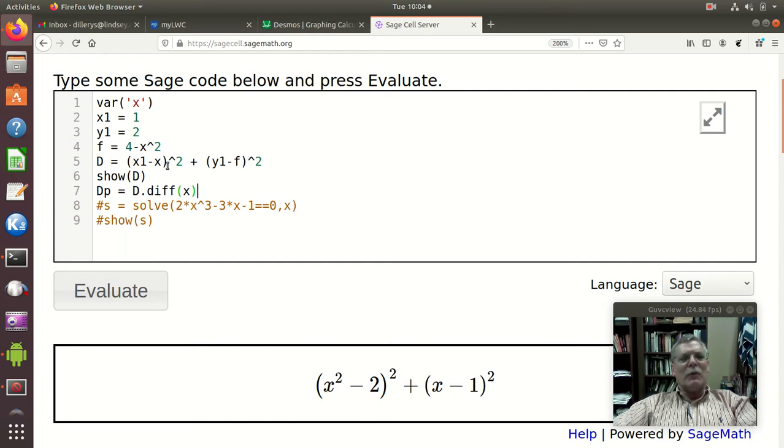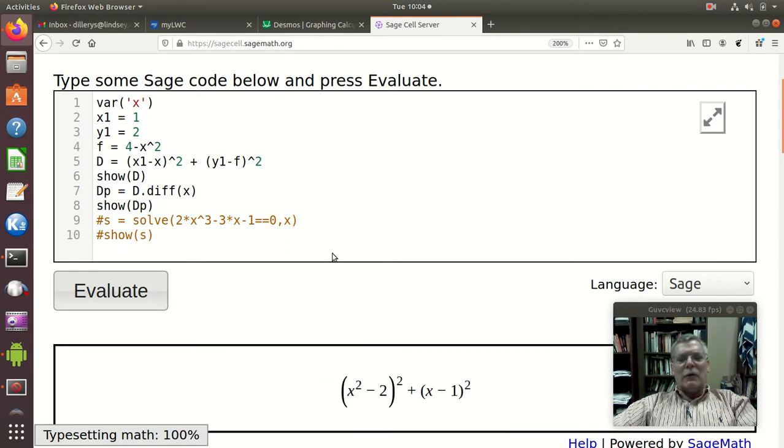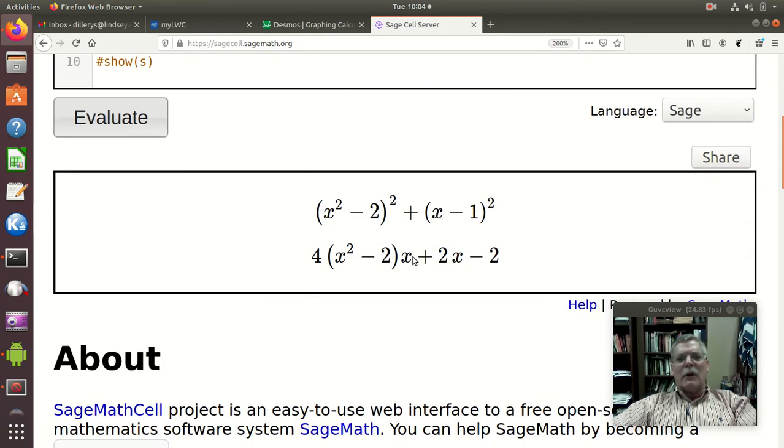Now x is the only variable in there, but it's always good to tell it. And then I'll show dp, and evaluate.